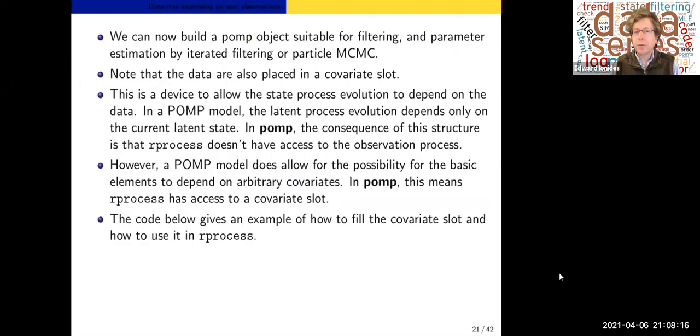And we can then build a POMP object suitable for filtering and parameter estimation, and then we can do iterative filtering. We could do a method called particle MCMC, which is a kind of putting a particle filter likelihood into an MCMC algorithm, and that's one of the other methods that we mentioned in, I think it was chapter 14.